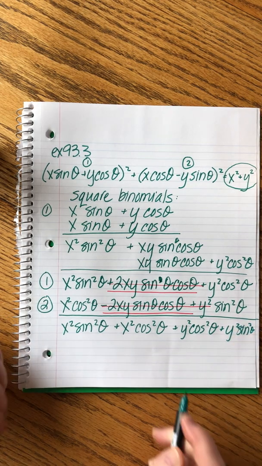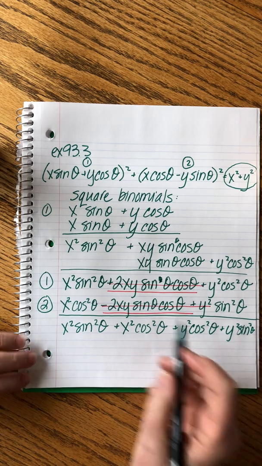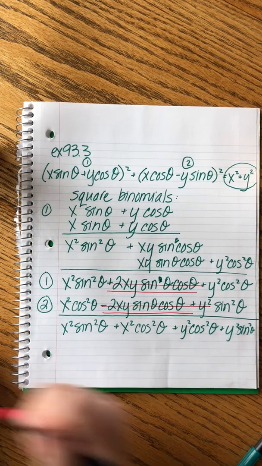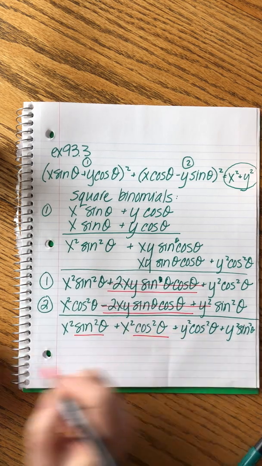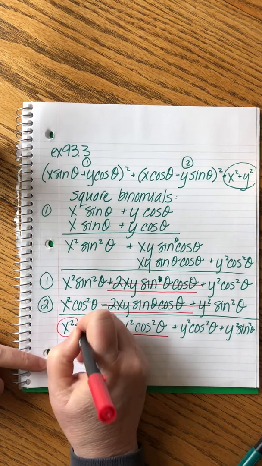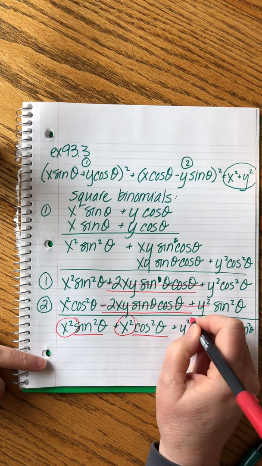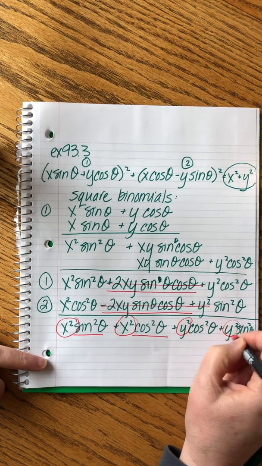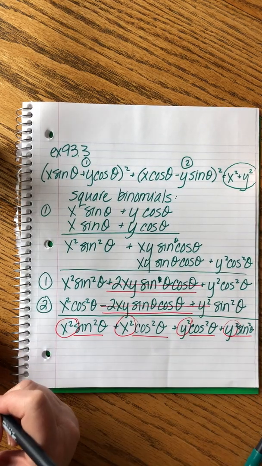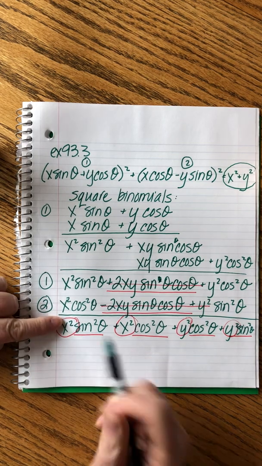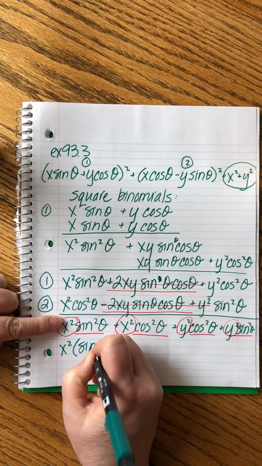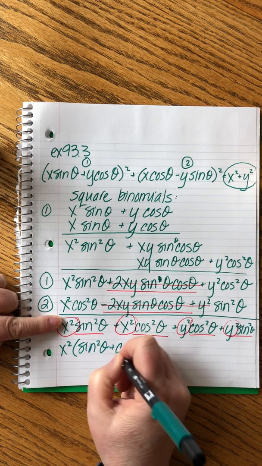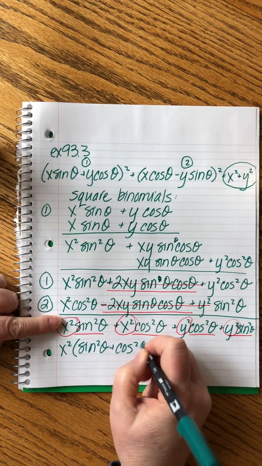Now, what I recognize is that I can factor here. I can pull the x squared out, and then I can pull the y squared out. And what I'll have is x squared, and then I'll have sine squared theta plus cosine squared theta.